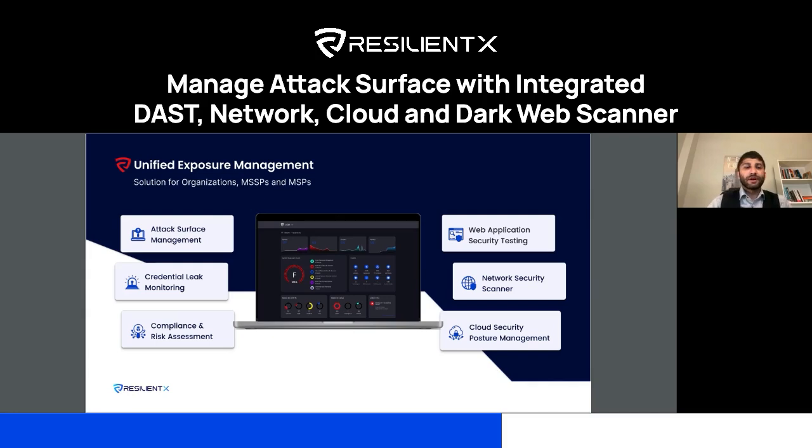But right now, our users and customers are using this platform to help them understand what's there, test it, assess the risk of those assets, and of course, prioritize the remediation efforts. Attack surface management through cloud security posture management is done directly on the platform without any kind of effort.